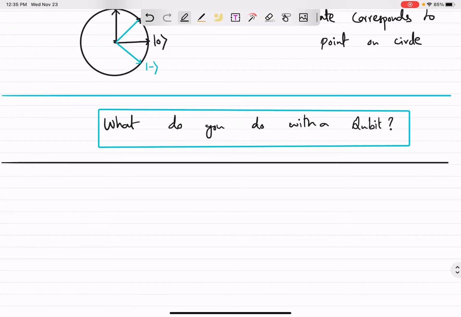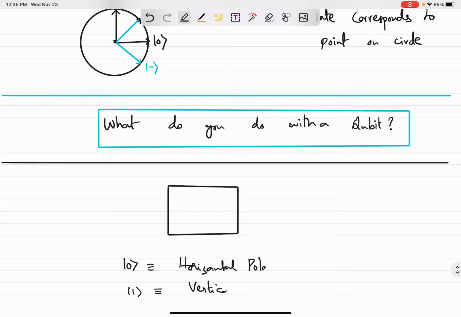But you can probe it to get some information about what those alphas and betas are, right? So you can have these devices, it's called measurement devices, okay? And let's take this analog of this photon, which has horizontal polarization, which we denoted as 0, vertical polarization, which we'll denote as 1, okay? So 0 is horizontal polarization, 1 is vertical polarization. Okay.